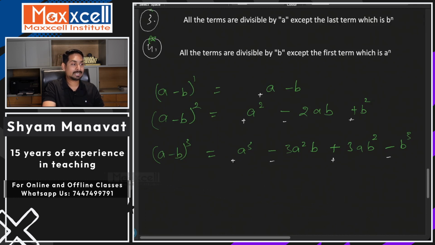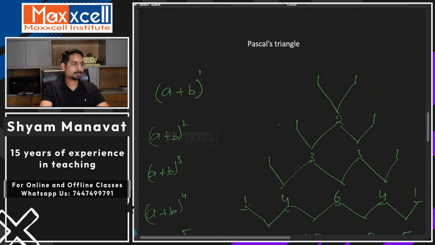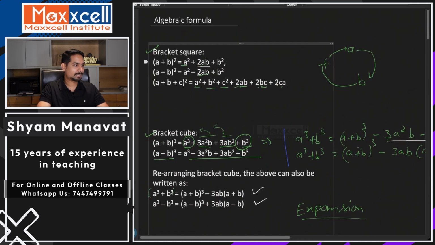That's why I told you to write like A square minus 2AB plus B square.